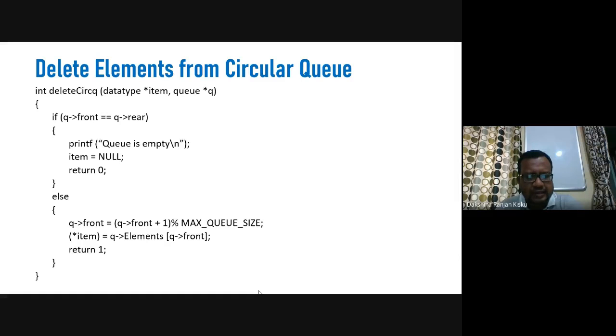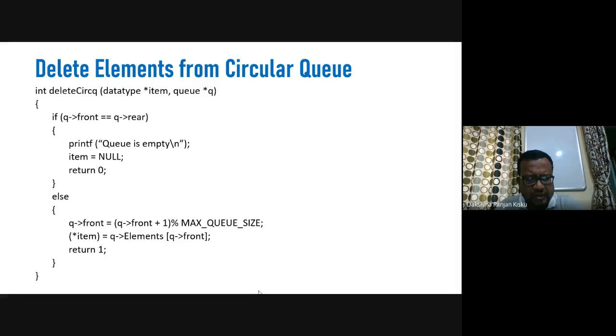Then we are writing star item equals q elements q front. So first, the statement q front equals q front plus 1 modulo max q size will refer to the position from where the element is to be deleted.